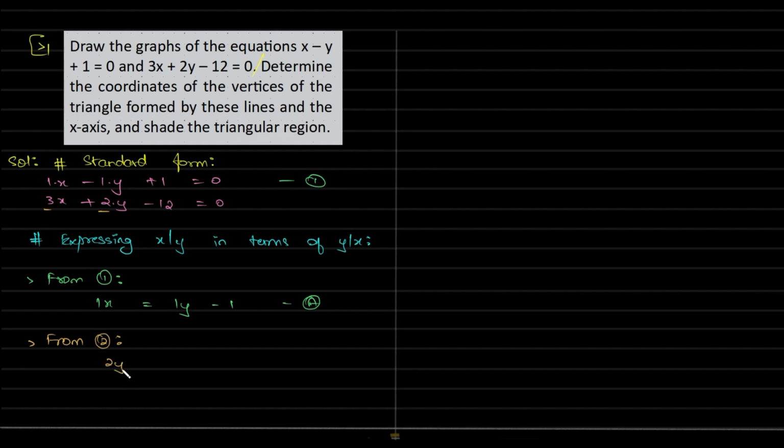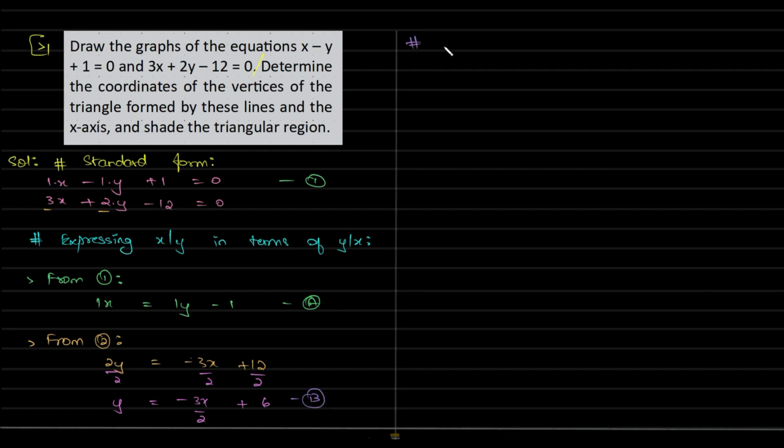So we have 2y is equal to minus 3x plus 12. I can further reduce this by dividing by 2, and we have y is equal to minus 3x by 2 plus 6, right?